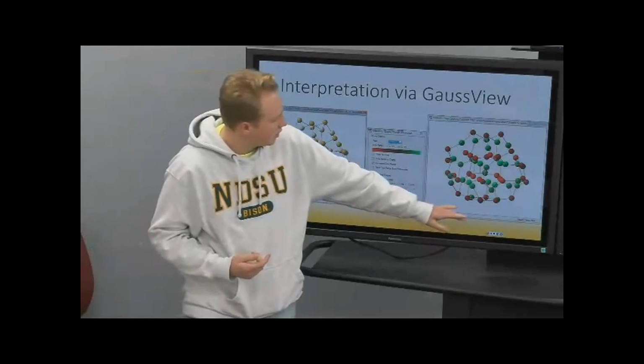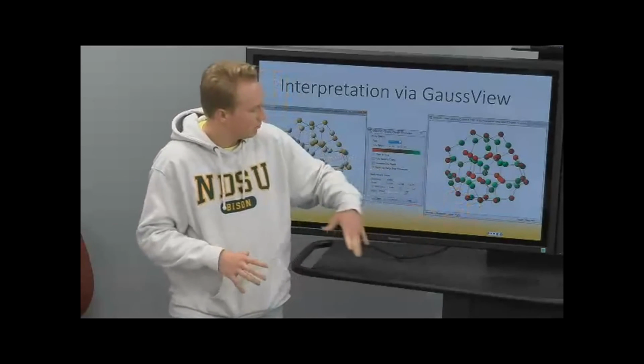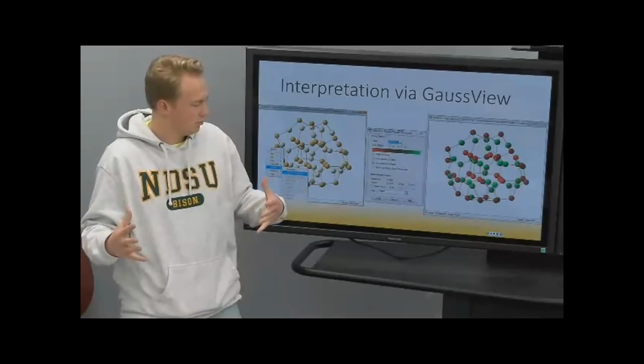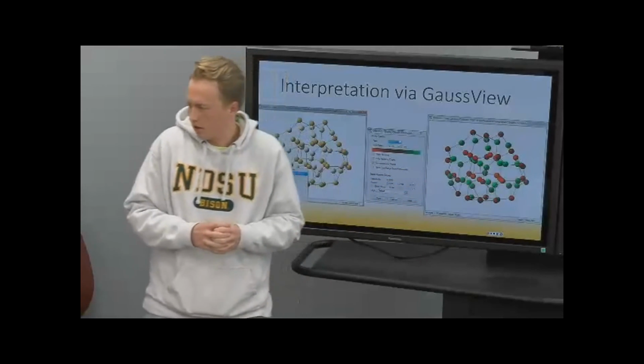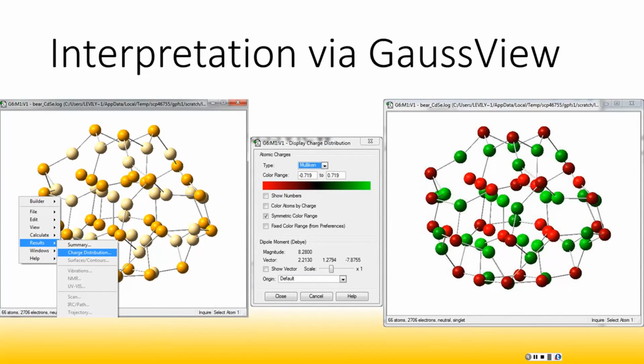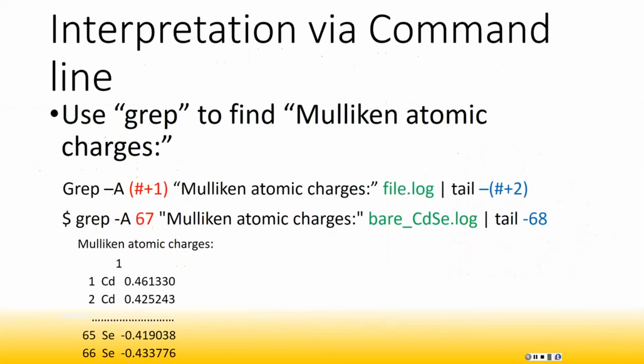And we can see that the outside is a bit less negative or positive, and the core has more electron density. You can also look at the dipole. If you click show dipole, it will show wherever it is pointing.